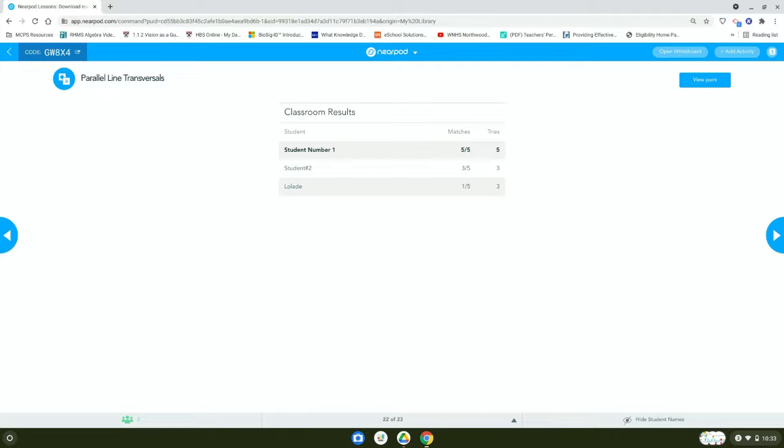Linear pairs are supplementary and alternate exterior angles are congruent. Awesome try, everybody. Awesome attempt, everyone.